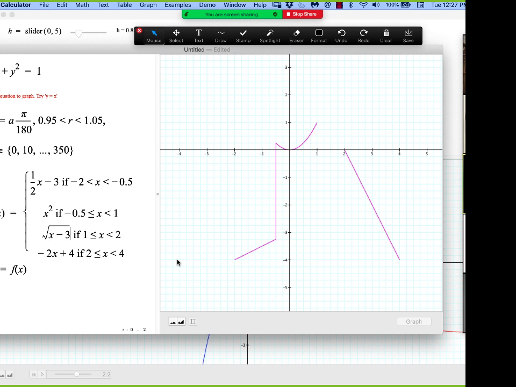Because there's no x equals equation that represents that line. Right. So exactly. So we got to -0.5, and we transitioned from this line to this parabola, and it gave me a vertical line. What do we think? Is that right?